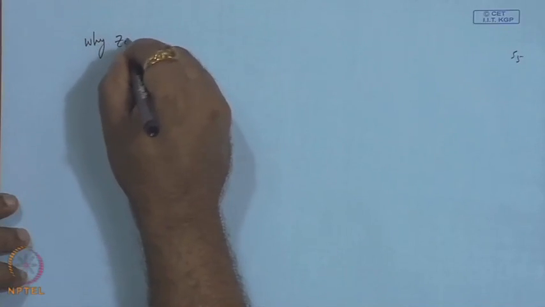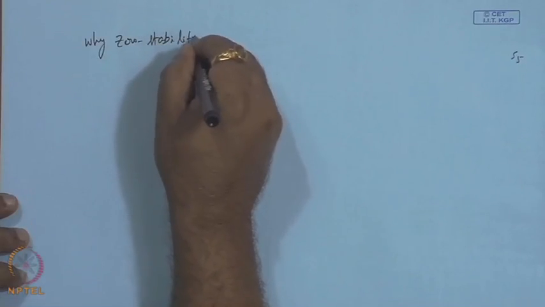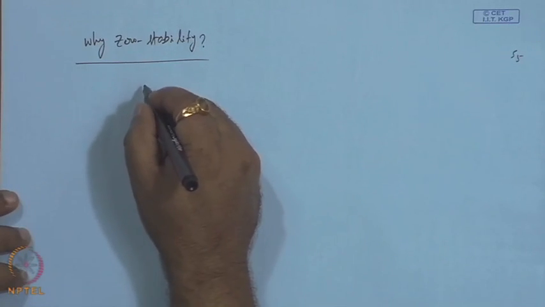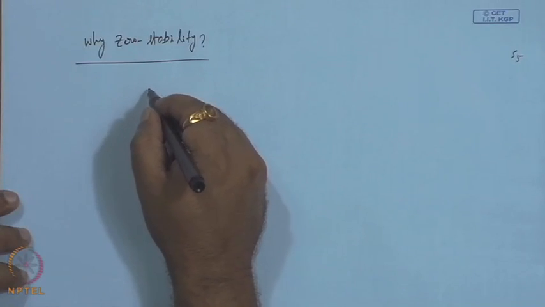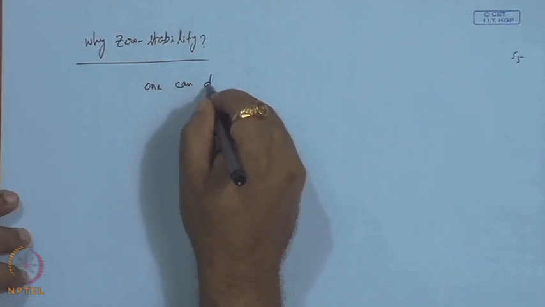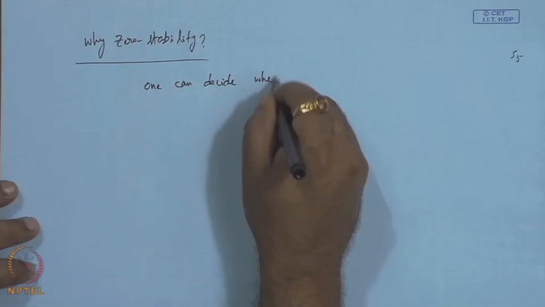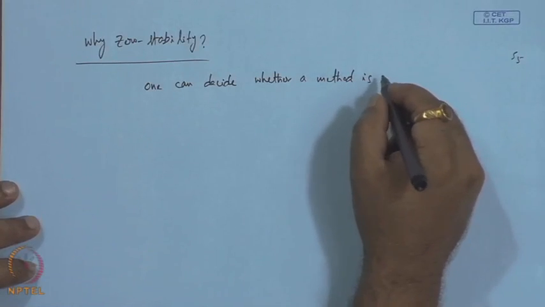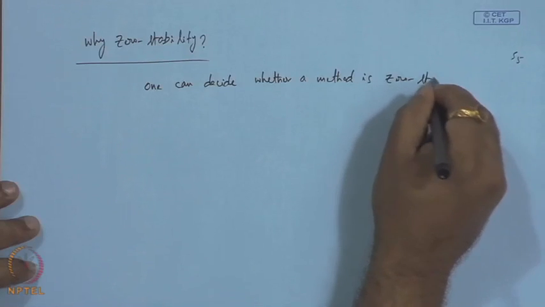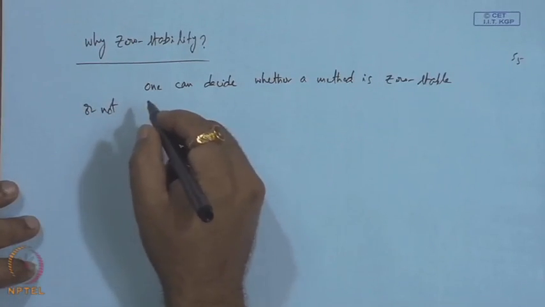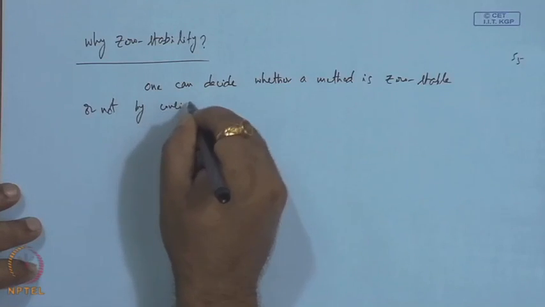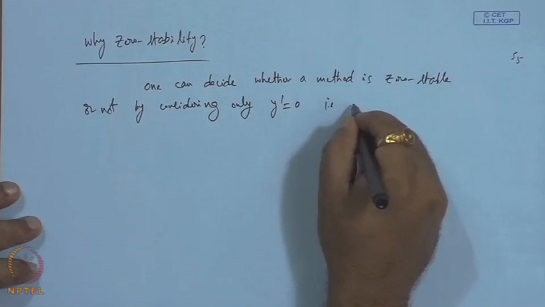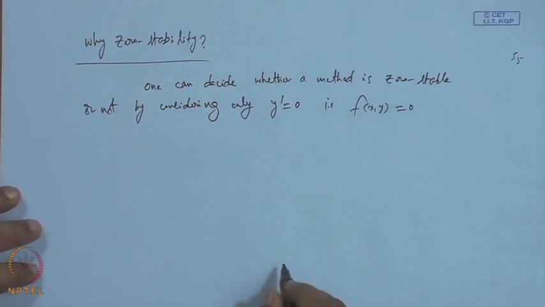That means it is not growing beyond the maximum value at a particular grid point. Now, the question is why 0 stability. In some sense, one can decide whether a method is zero stable or not by considering only y dash equals to 0, that is, f of x, y equals to 0.